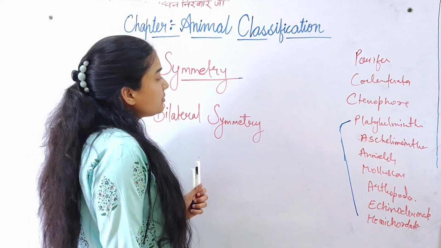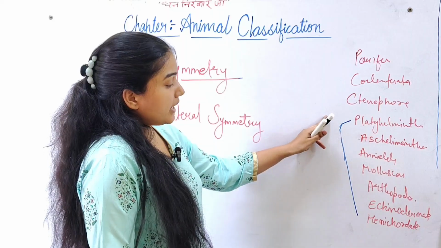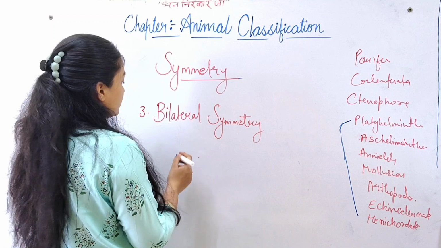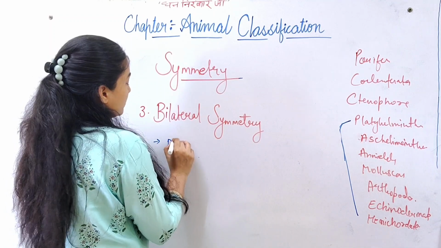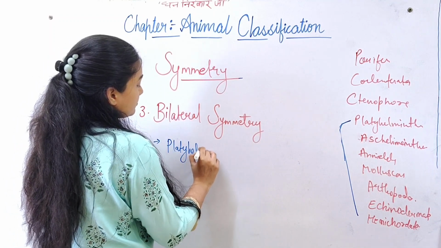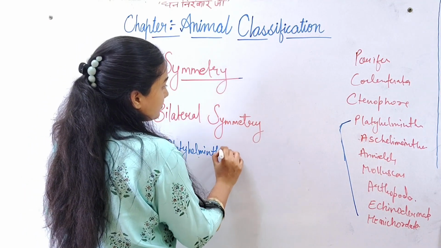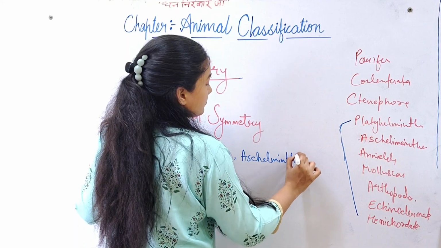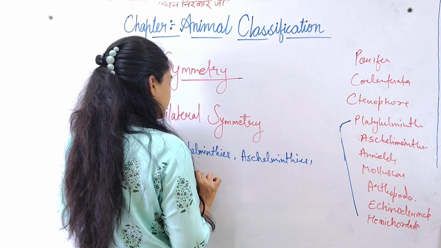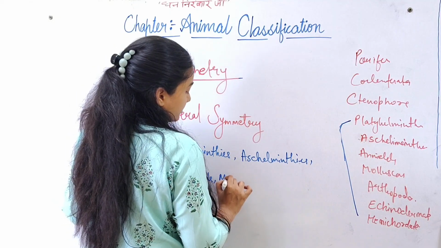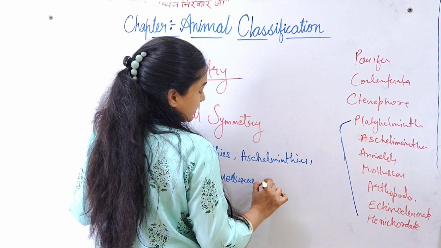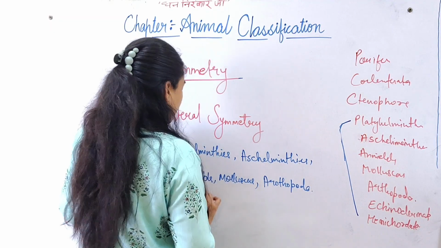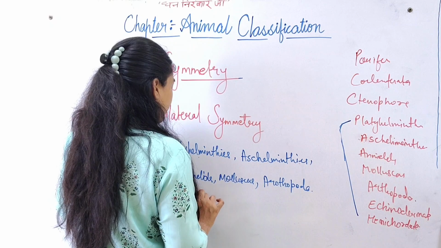The phyla that come under bilateral symmetry, from the Platyhelminthes to Hemichordata, are Platyhelminthes, Aschelminthes, Annelids, Molluscs, Arthropoda, and Echinodermata.